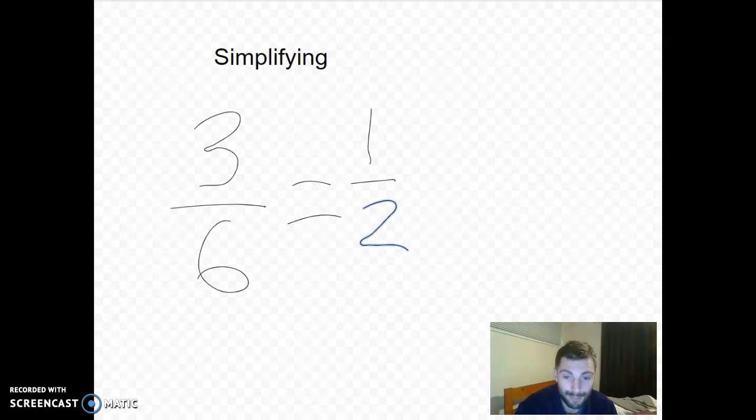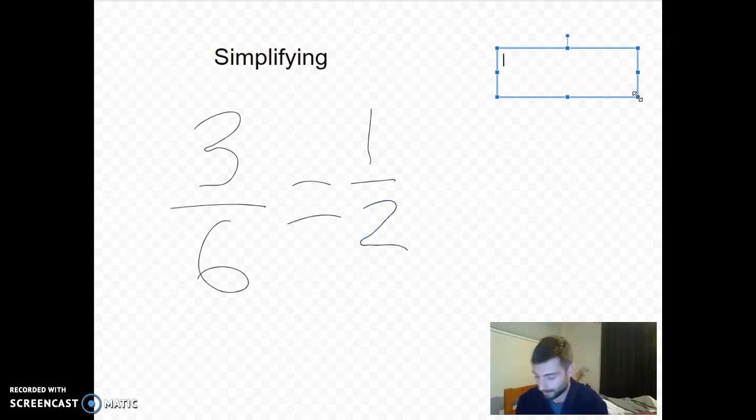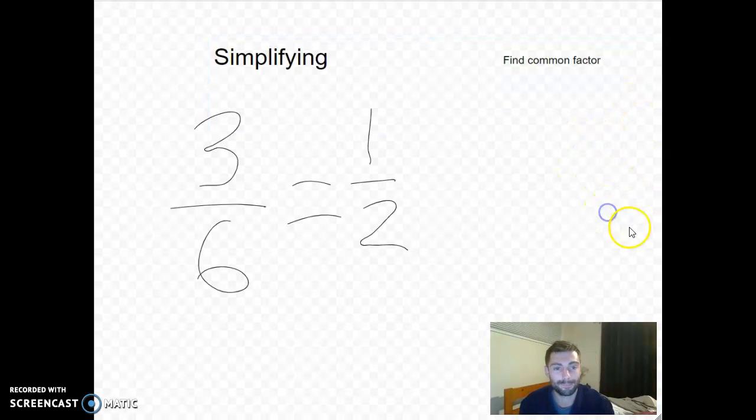But that's because I know my times tables really well, and I'm going to show you how to do it now. And it's all about doing this thing called finding a common factor. I'm going to write that here. Find common factor. If you can find the common factor, you can solve any simplification of fractions.